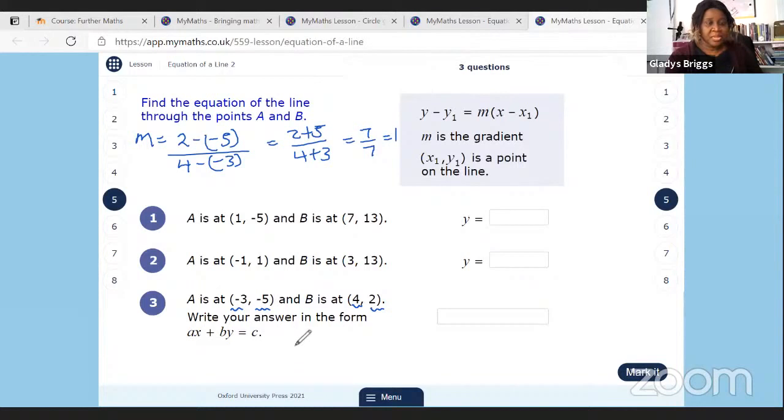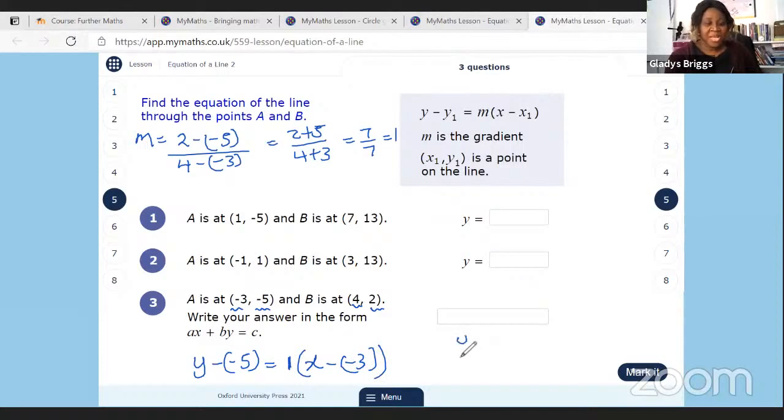So now, y minus y1, y minus negative 5 is equal to m, which is 1, times x minus x1, x1 is negative 3. They are so confusing.